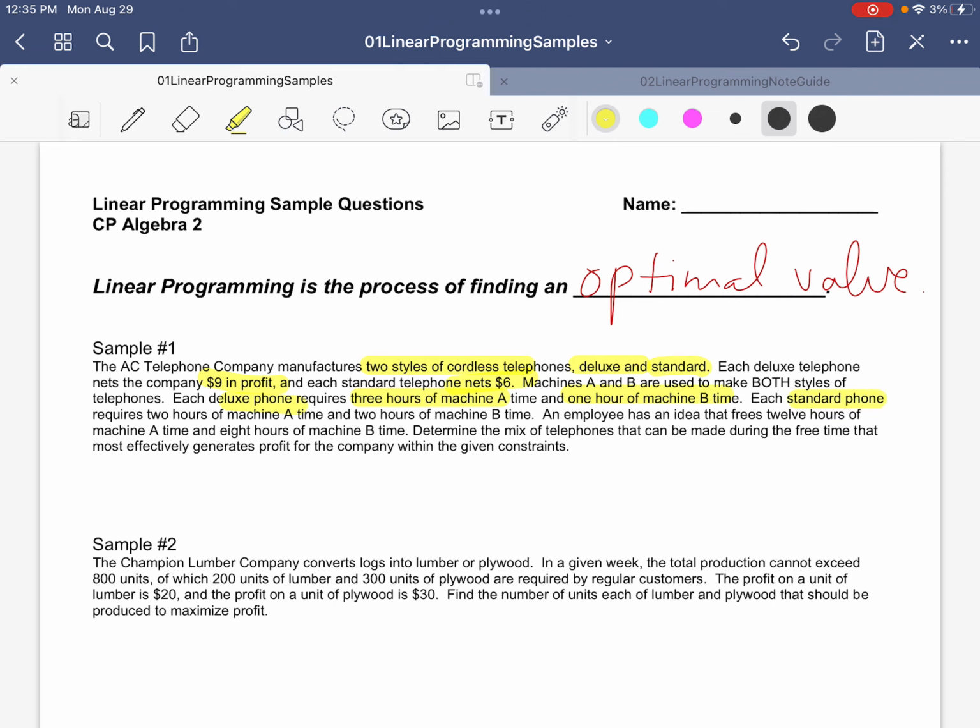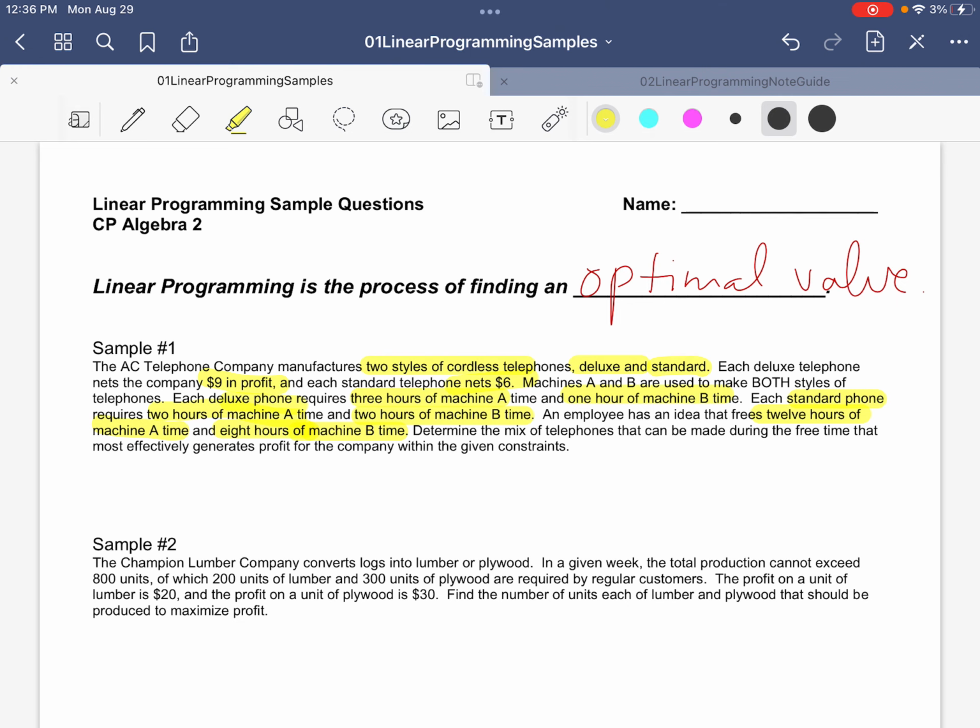A standard phone requires 2 hours of machine A, but also 2 hours of machine B. So it's a different sort of mix of machine time. We realize that there's 12 hours available on machine A, but 8 hours on machine B.